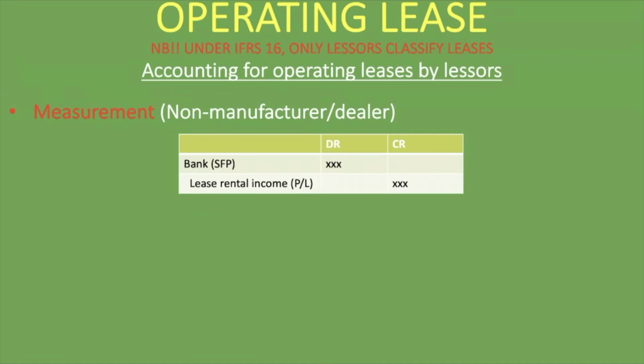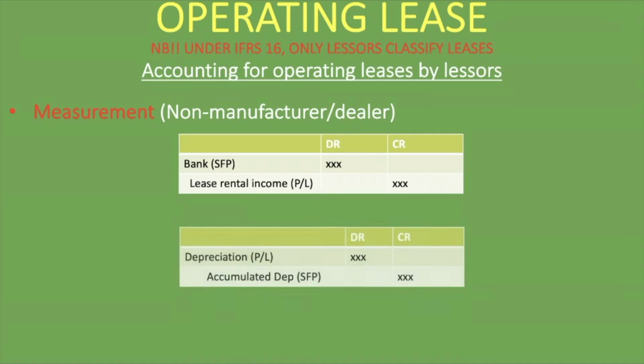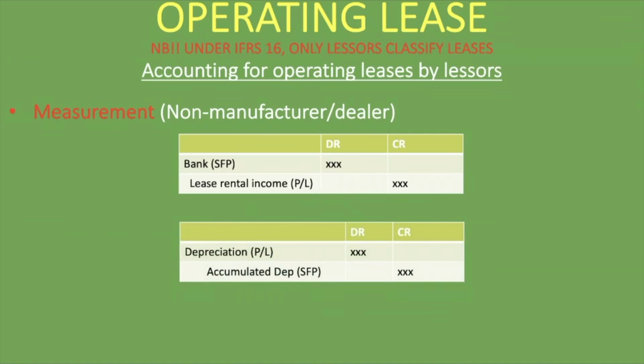Remember, the lessor is still recognizing this asset in its statement of financial position. So what does it have to do? It still has to depreciate the asset. Even though it's not in possession of the asset, what it will do is that it will debit depreciation and credit accumulated depreciation. That is how a lessor accounts for operating leases in its book if it's not a manufacturer or a dealer, according to IFRS 16.